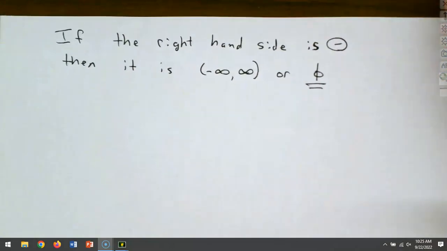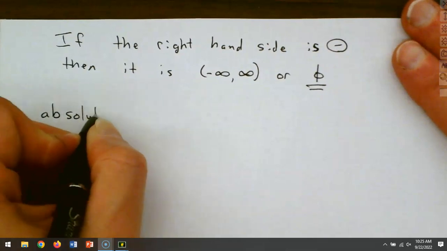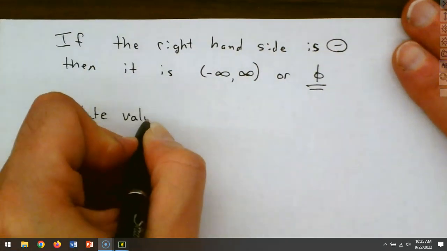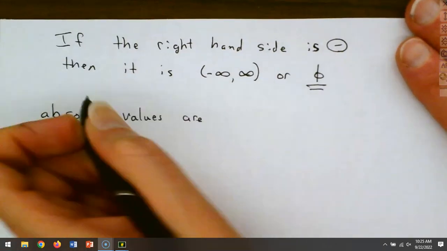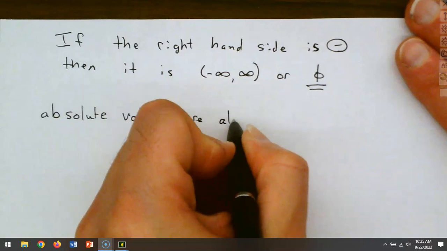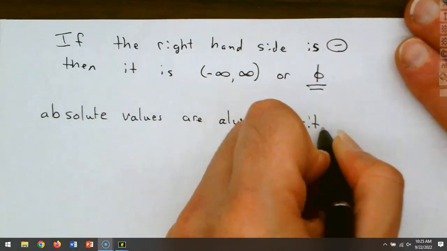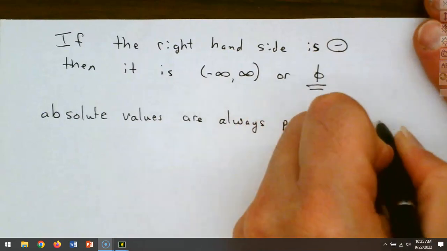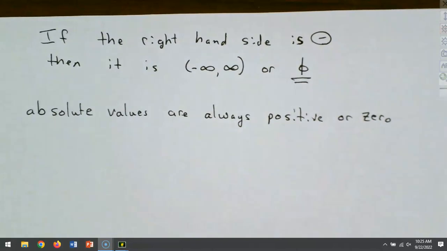So here's what we need to remember about absolute values. Absolute values are always positive or 0, right? Because whenever you take the absolute value of any number, no matter what it is, it's either going to come out to be a positive value or 0, right?